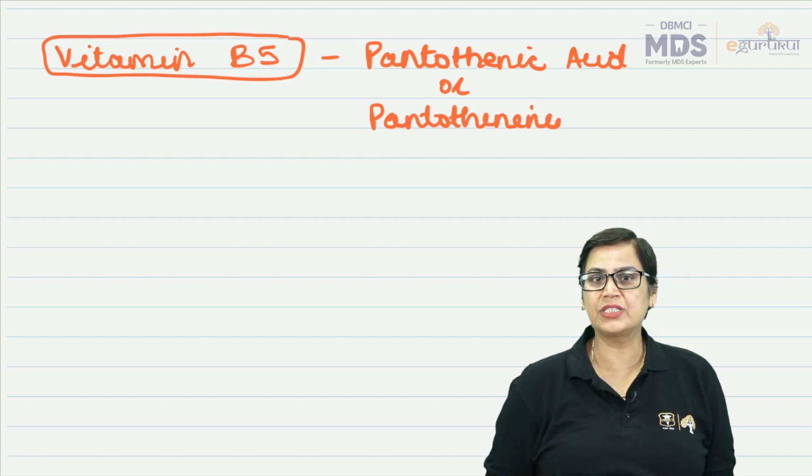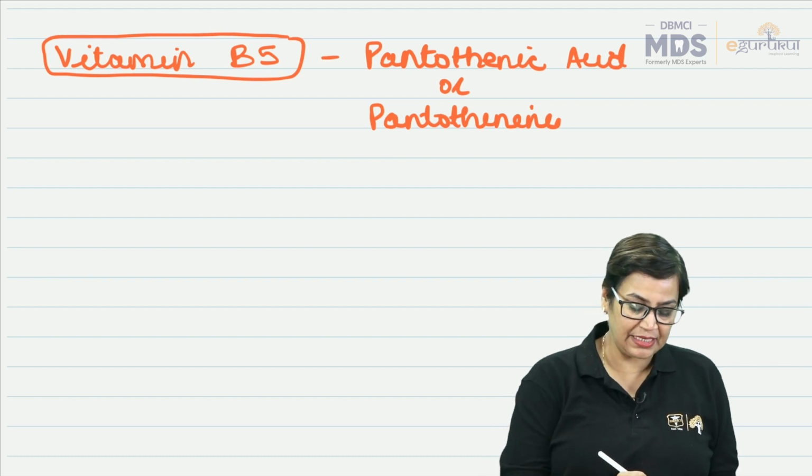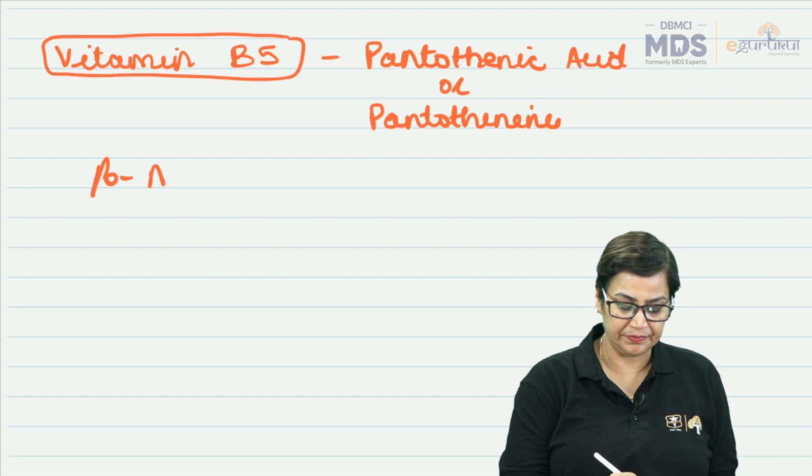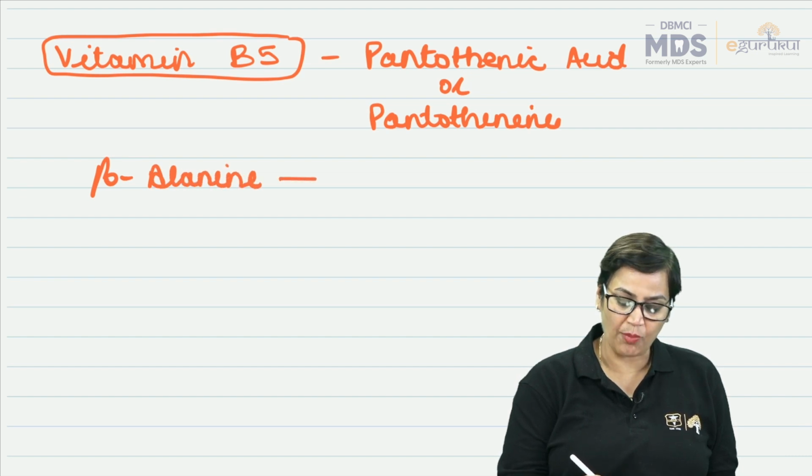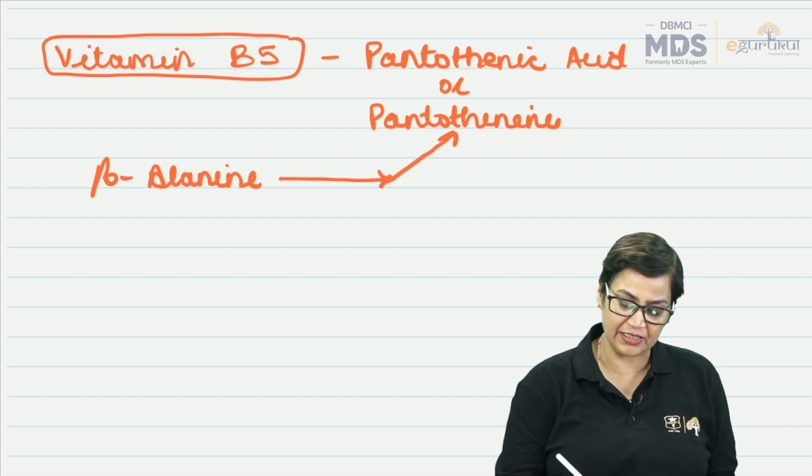Now, what is the most important point which we have to remember about this? That beta-alanine is a component of pantothenic acid. In fact, it is a component of pantoic acid.